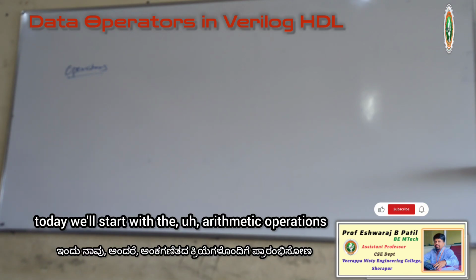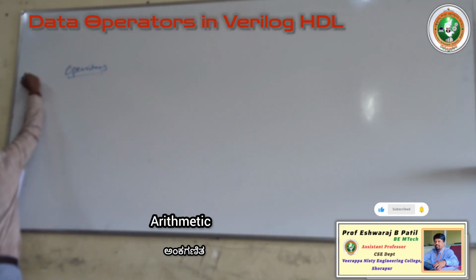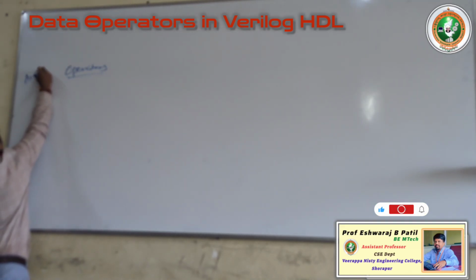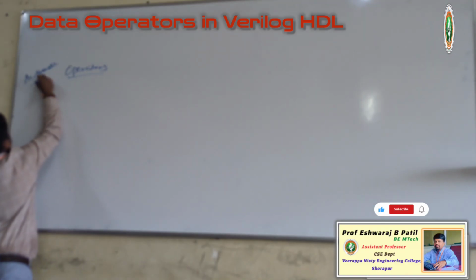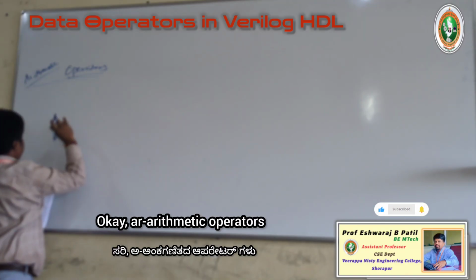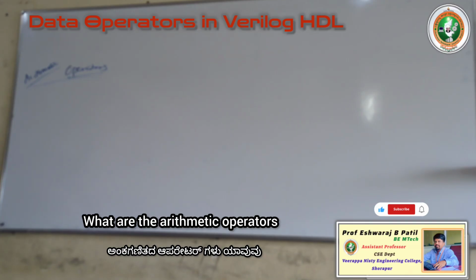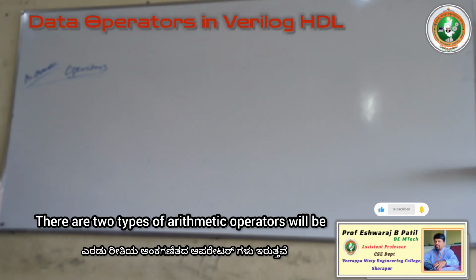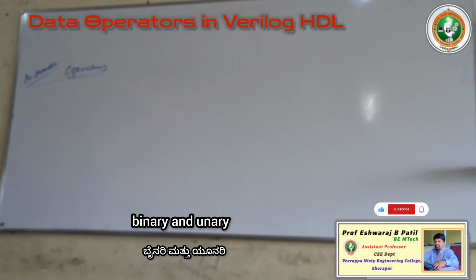Today we start with the arithmetic operators. There are two types of arithmetic operators, namely binary and unary.